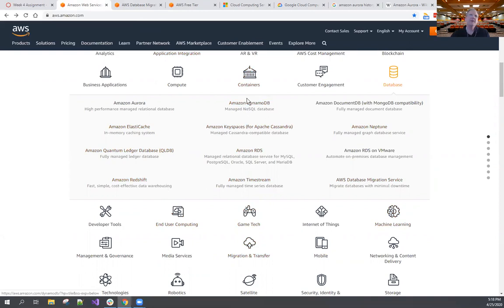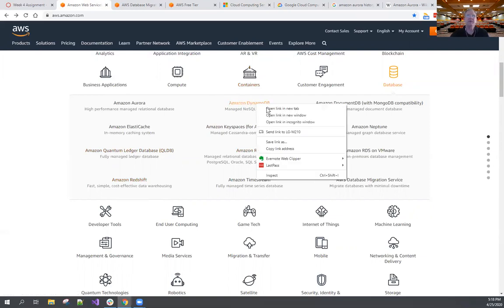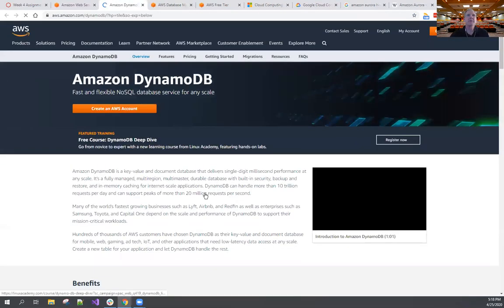Let's just look into a little bit about NoSQL database just to be sure that the database that we have can't work in this environment. And we can talk about data warehouse here in a second. So I'll open this new tab. Here we go, Amazon DynamoDB, pause.